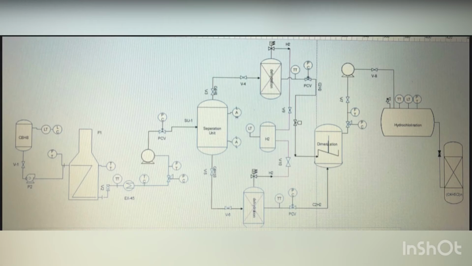Then the substance goes through the compressor, then comes to the separation. In the separation, the substance is separated into two parts, butene and butane. Also there you may see the level alarm, two types of it.